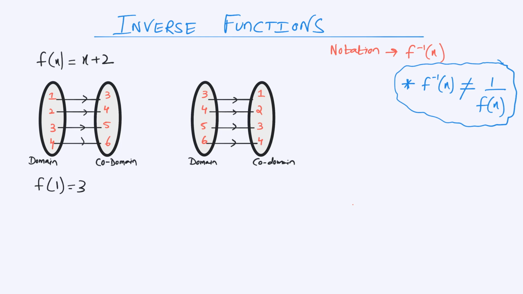So these are the values of the codomain. Similarly, when I insert 2, I get 4. When I insert 3 in my function, I get 5. And when I insert 4, I get 6. So all of these values are the elements of the codomain, which means that these are the outputs.